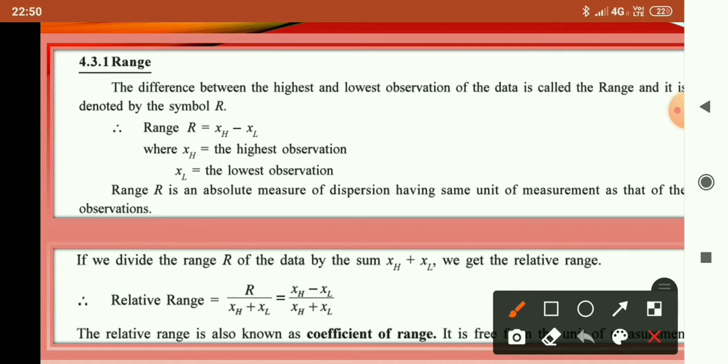What is XH? XH is the highest observation. And XL is the lowest observation. So from the highest observation we have to subtract the lowest observation, that is range. This formula is the absolute measure.